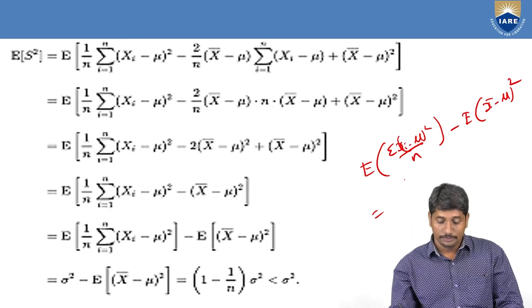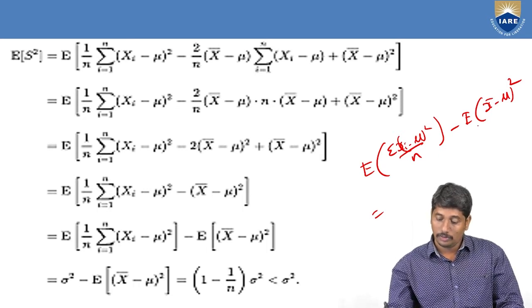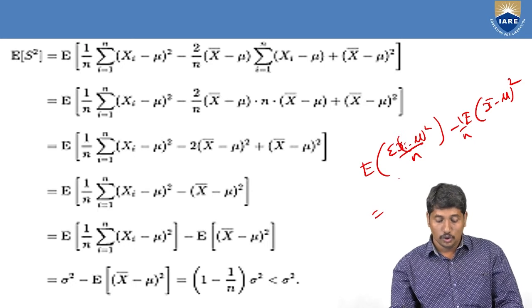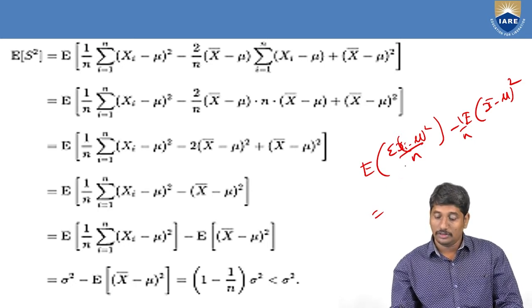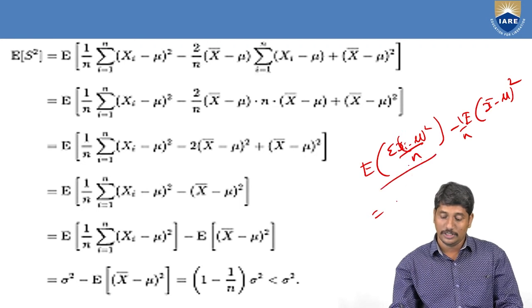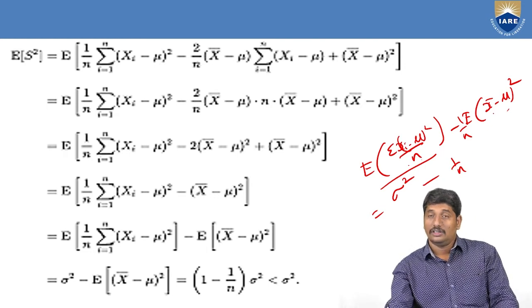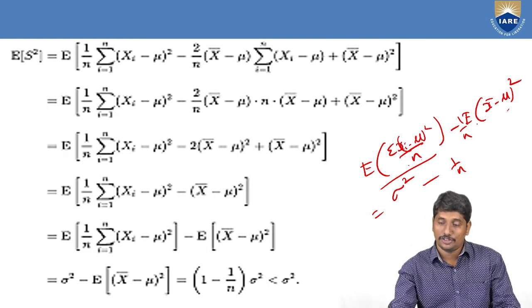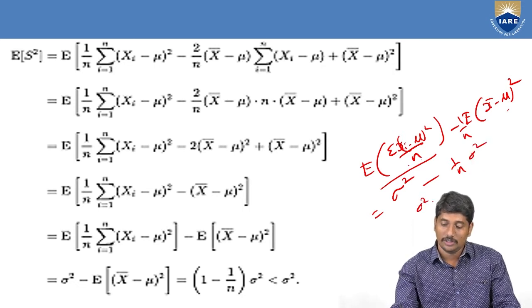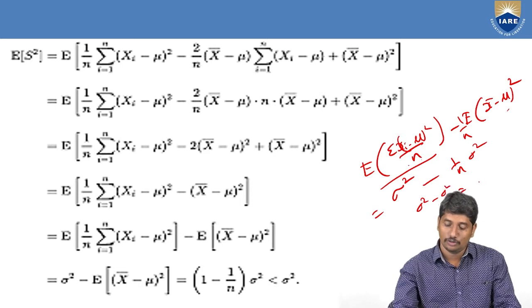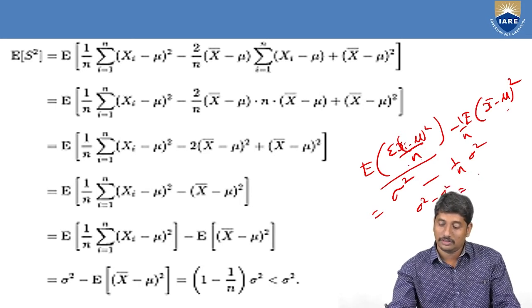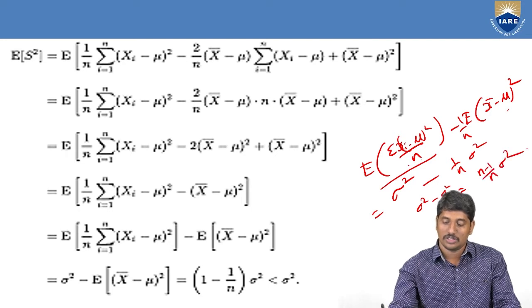The first is nothing but the variance definition, so this becomes variance of x, which is sigma square. Minus the second, which is nothing but variance of x bar, and expectation of (x bar minus mu) whole square will be sigma square by n. Hence sigma square minus sigma square by n gives you (n minus 1) by n into sigma square.